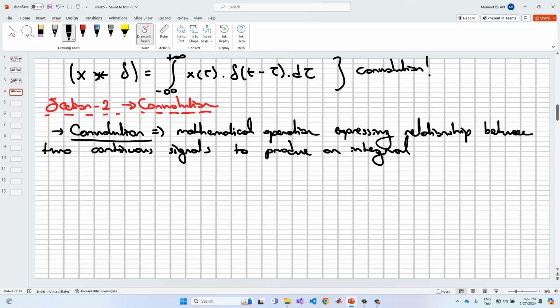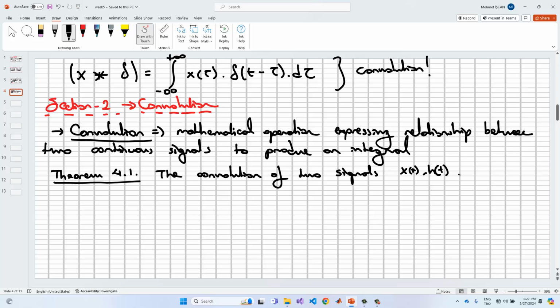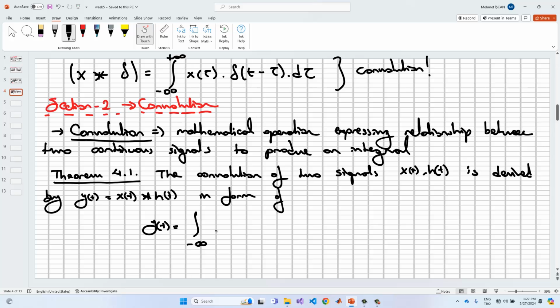So we should write the theorem. The convolution of two signals x(t) and h(t) is derived by y(t) equals x(t) star h(t), in the form of y(t), the output signal, equals the integral of x(tau) times h(t minus tau) d tau.